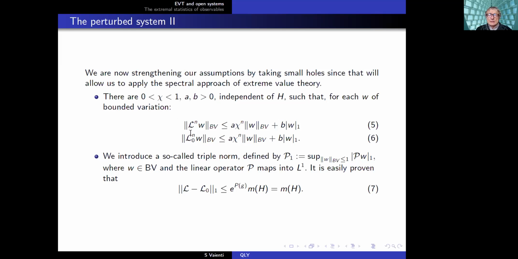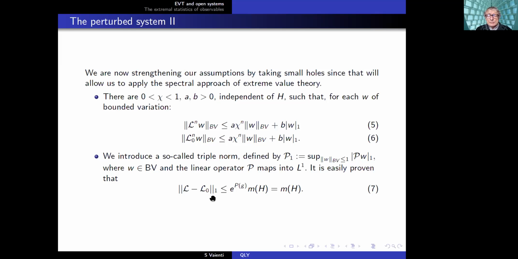The operator L and this first perturbed operator should verify this kind of inequalities with the same choice of the parameter. This is necessary if we want to perform an easy approach for the spectral technique, which I'm going to explain later on.